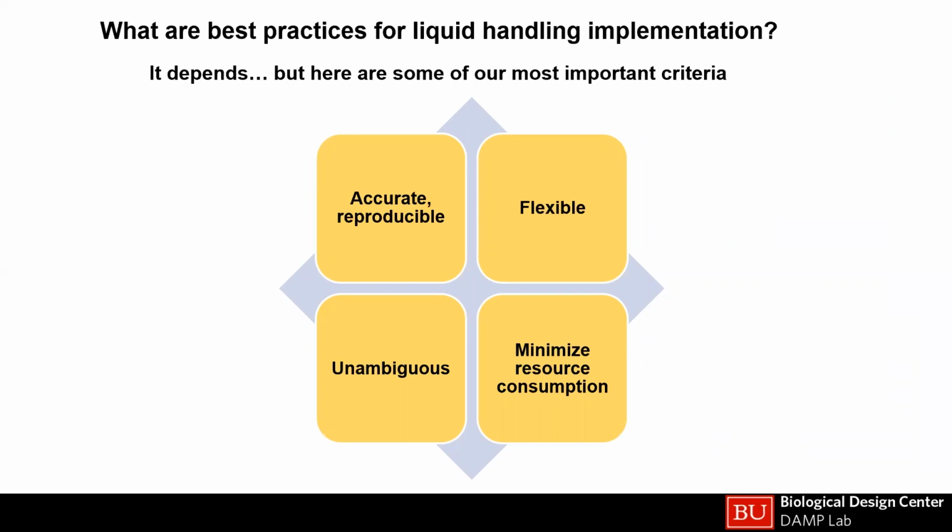And of course, as with everything in lab automation, it depends on your end purpose, your end use. But here are some that I think are important. I think it should be accurate and reproducible, flexible, unambiguous, and minimize resource consumption. You might have different criteria if you're in industry, but these are some things that we focused on.